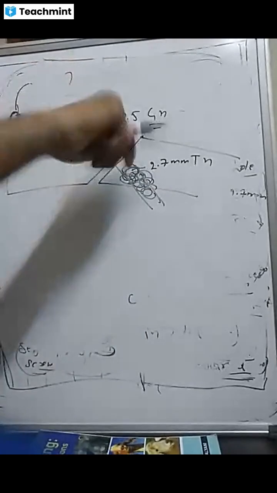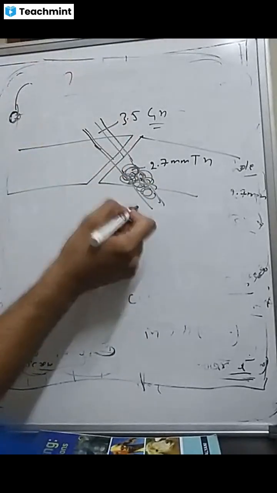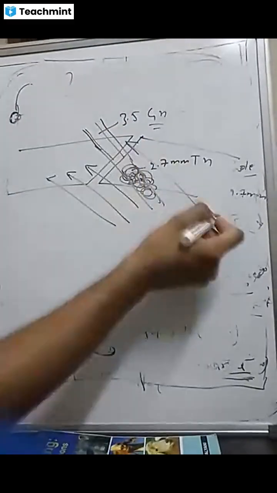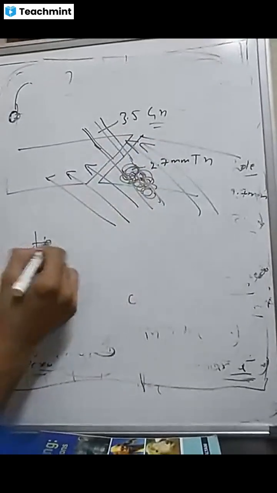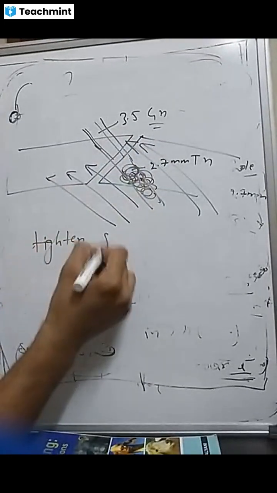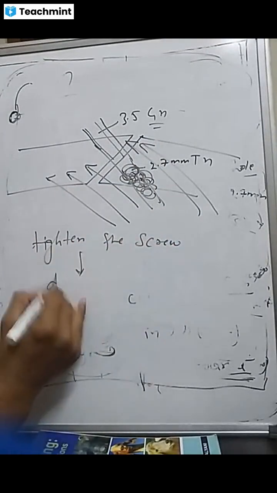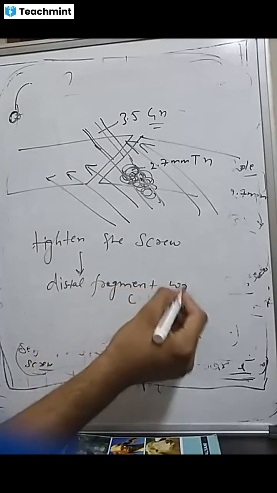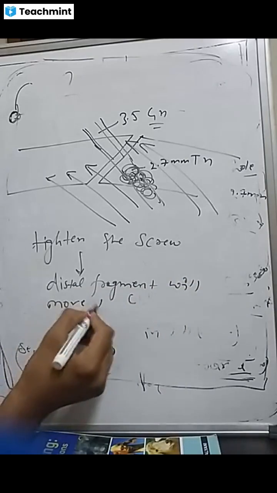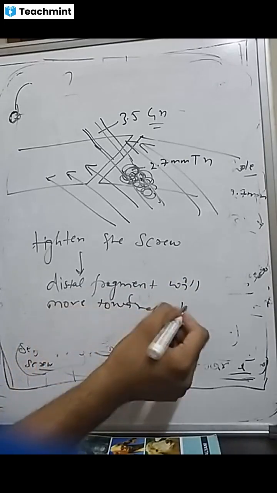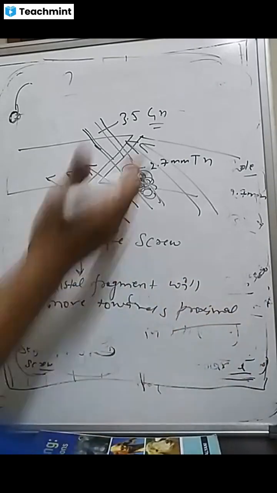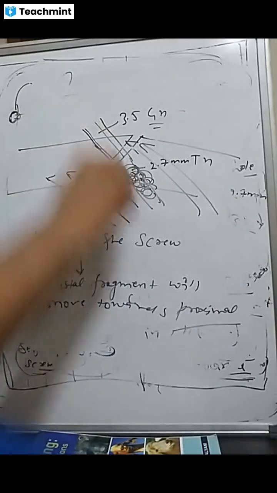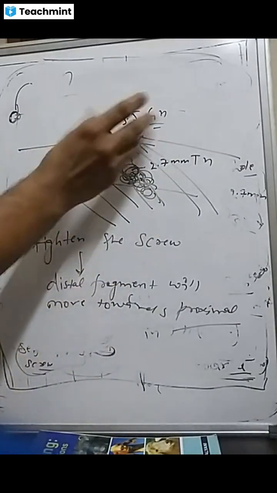When you are tightening the screw and it is engaged, it will move this fragment toward the proximal one. So when you tighten, the distal fragment will move towards the proximal, and this movement is compression. So the lag screw is used for compression.